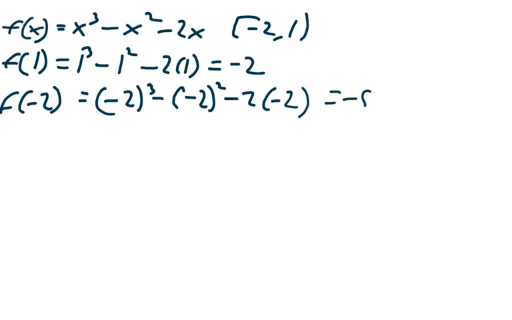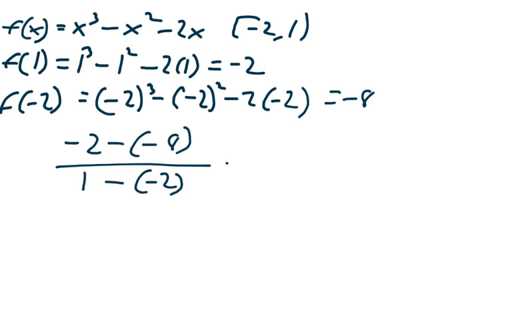We get -8. So what I'm going to do here is take the slope. -2 minus -8 over 1 minus -2 gives me 6 over 3, which is equal to 2.